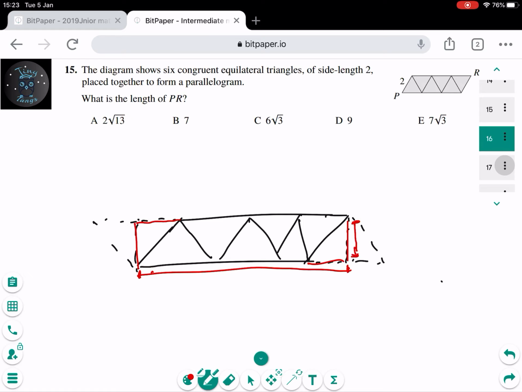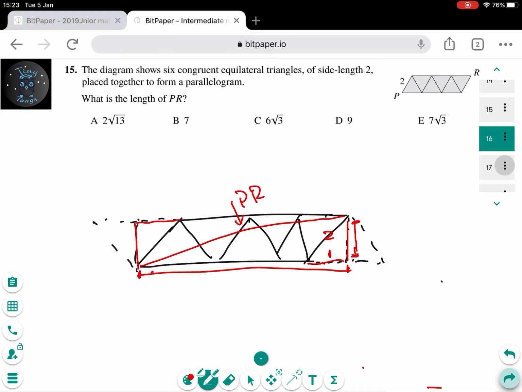And we use Pythagoras to solve this, to find PR. So what we basically need to do to find out the height here is, because that's half of a triangle, that side must be 1. And so 1 times 1, and that's 2. So because each triangle is 2, each triangle's side is 2.